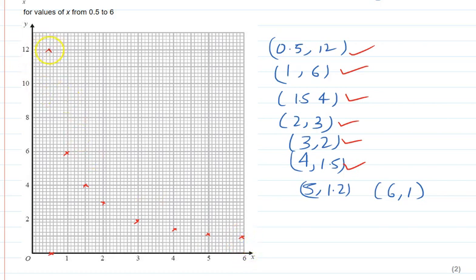Okay, so this graph is coming like this.